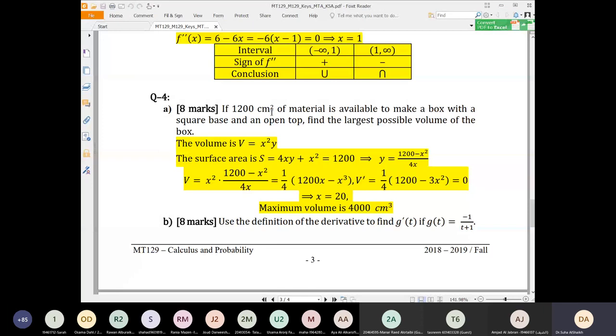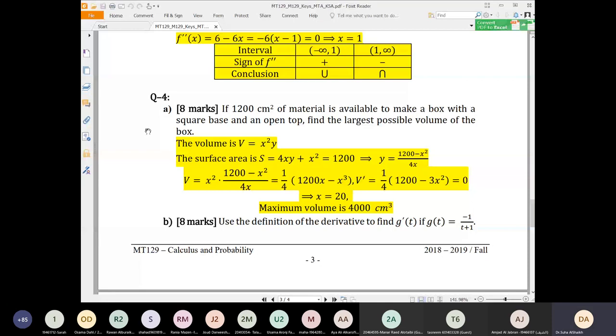You have 1,200 centimeters cubed of material available to make a box with a square base. Now the base is square and open top. You can imagine how it looks like. We have a box, and the base of the box is square and it's open top.